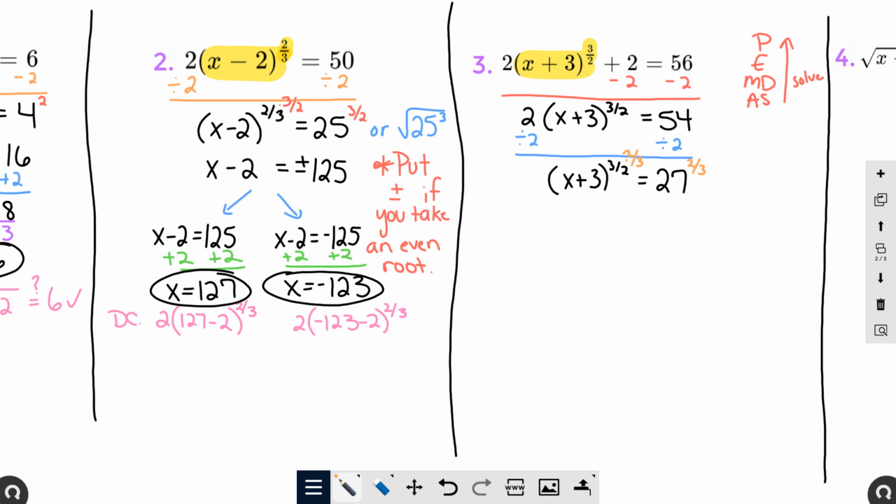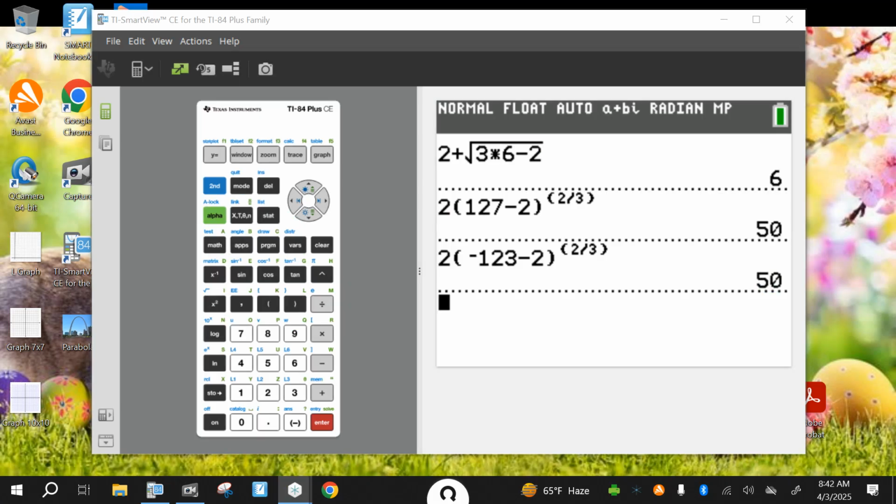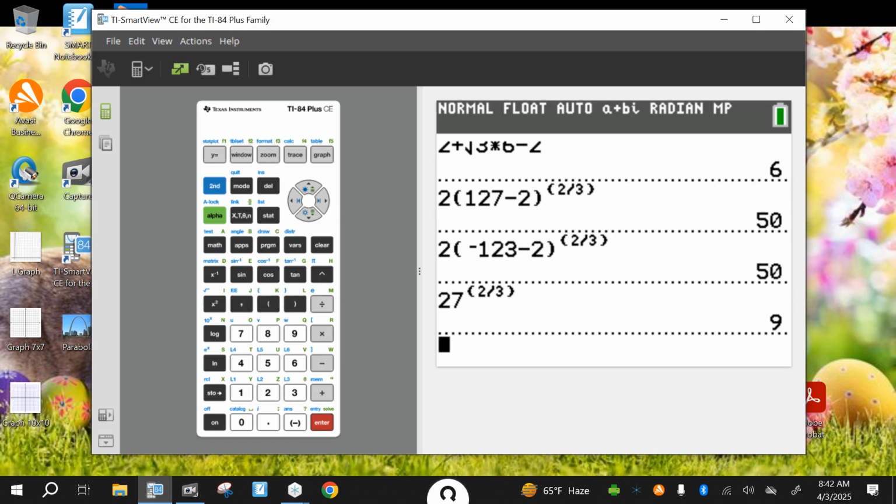On the left side, it cancels out, and we're just left with x plus 3. And on the right side, we can just type that in our calculator. 27 to the 2/3 power. Make sure that you use the caret key right here. 27 to the 2/3 power is 9.